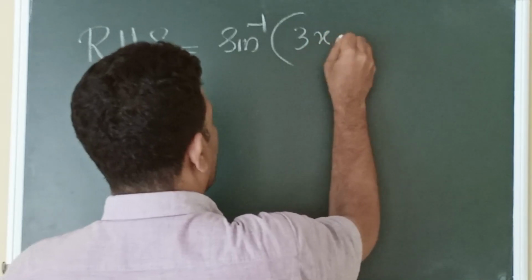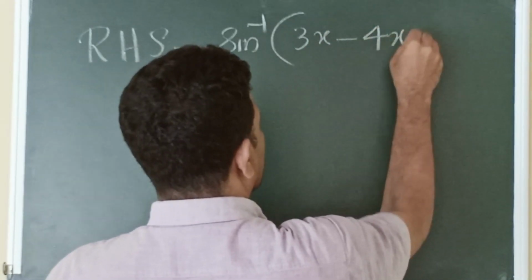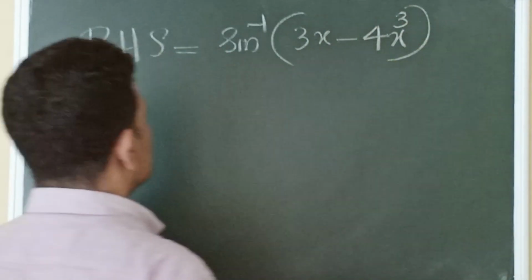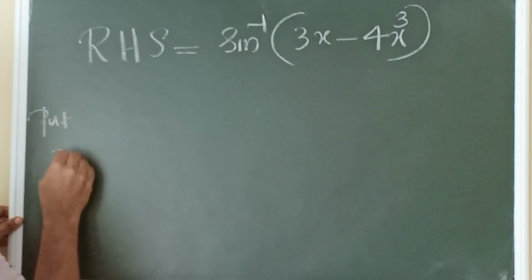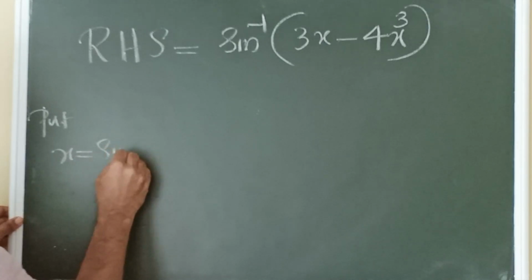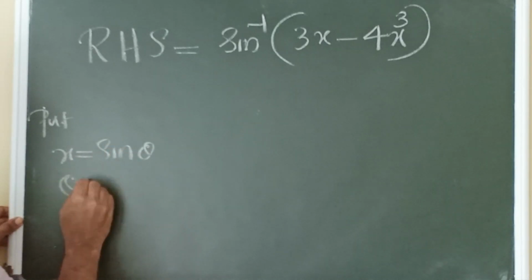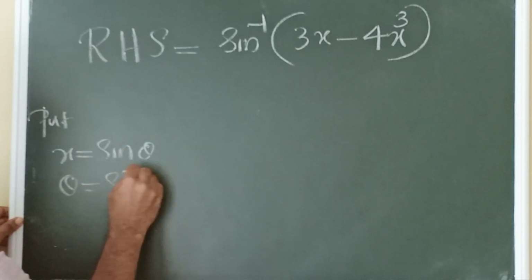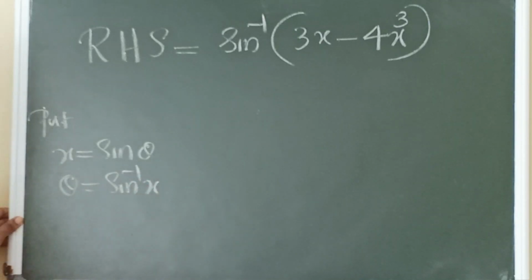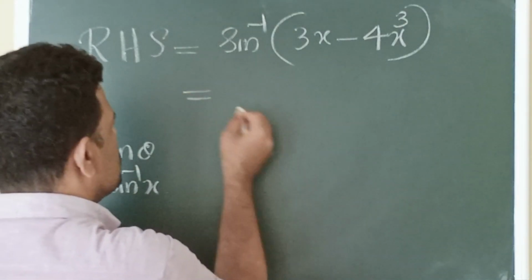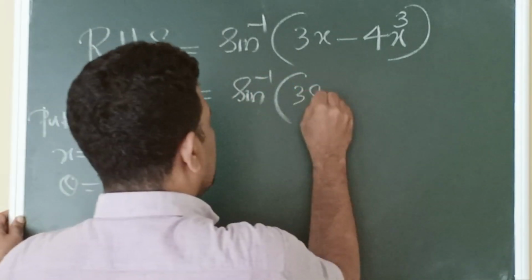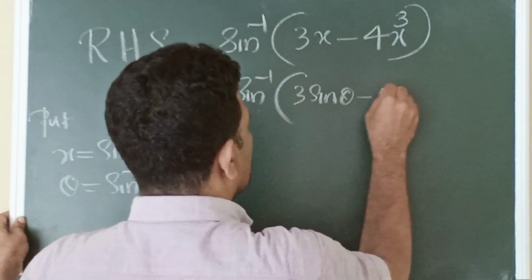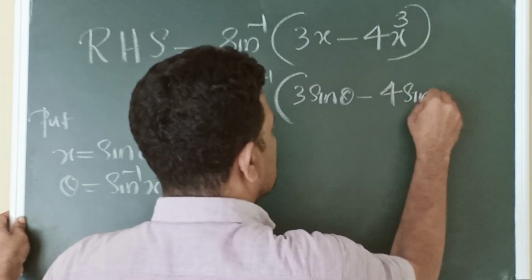3x minus 4x cube. Now put x equal to sin theta. Then theta is sin inverse x. Now it becomes sin inverse of 3 sin theta minus 4 sin cube theta.